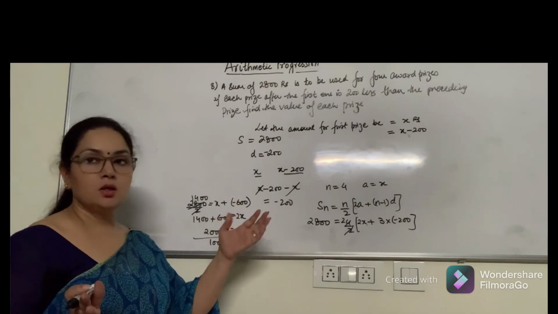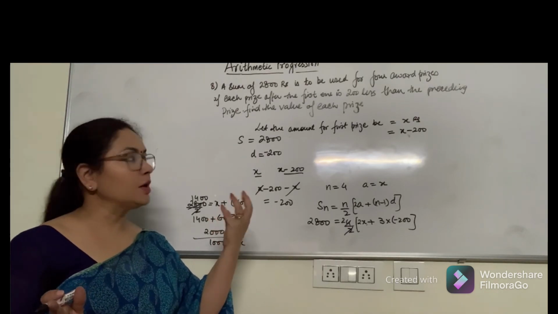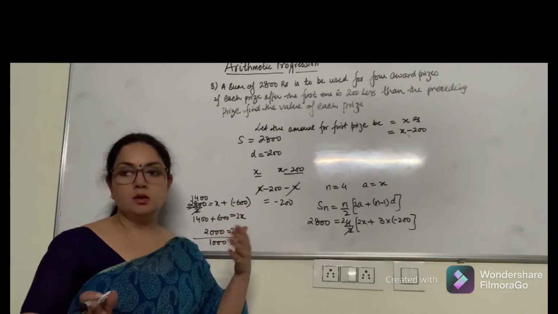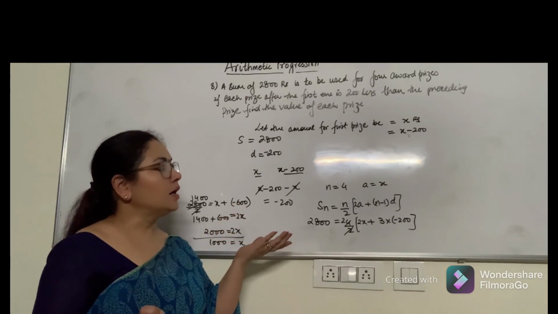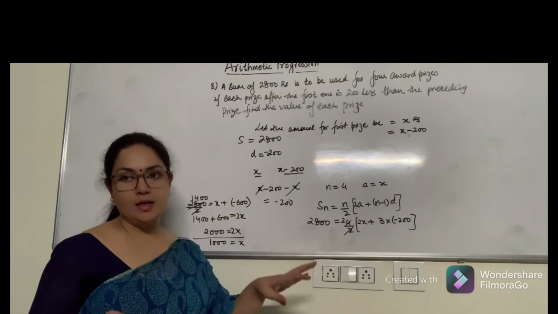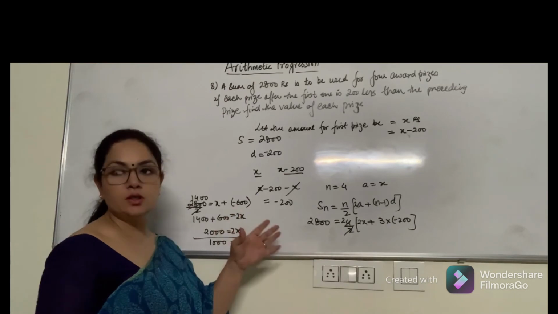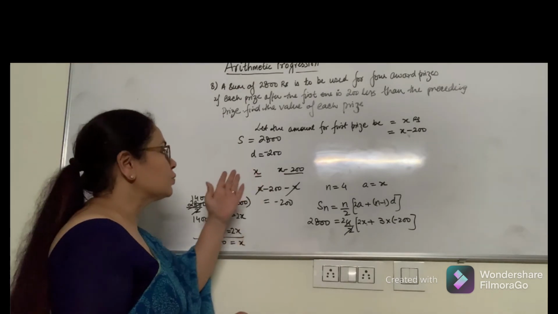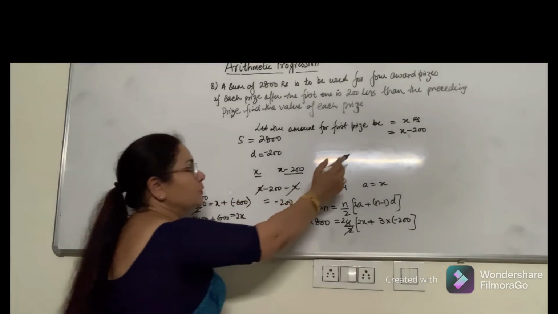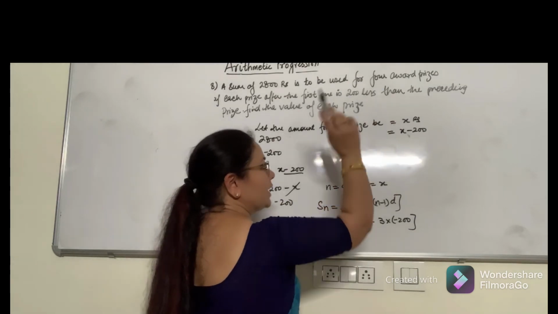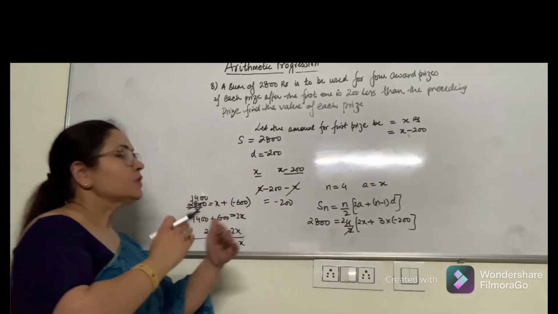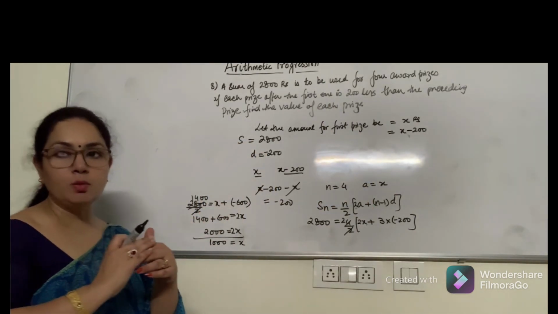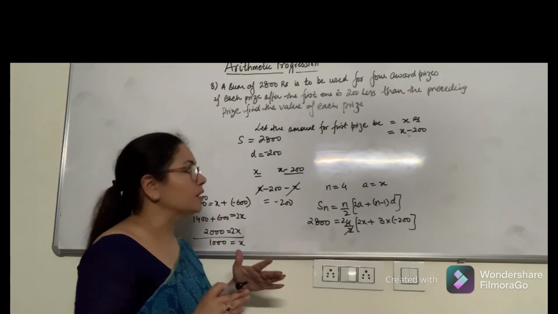Whatever amount I have decided for the first prize, for the next prize I'll keep 200 less. So the common difference is minus 200. If I keep the first prize to be x rupees, then the second prize will be a lesser amount, that is x minus 200.